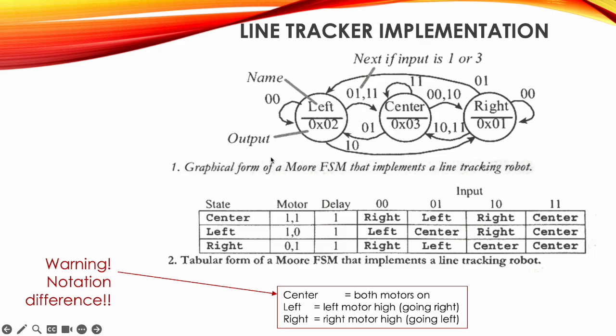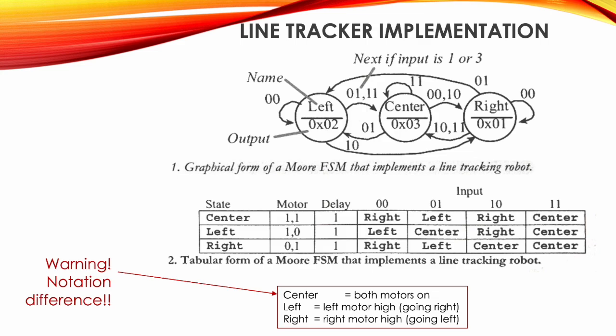So take some time thinking about that. The output is just based on how we're going to connect. Essentially, if the output is 1, that's a hexadecimal value of 1, I'm going to be commanding the right motor.